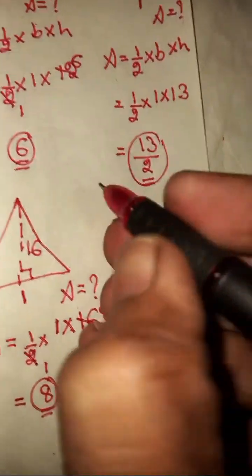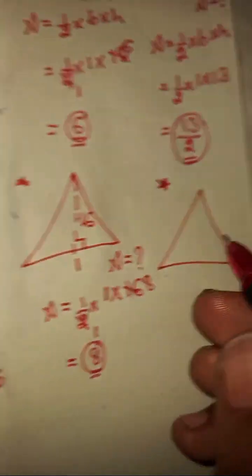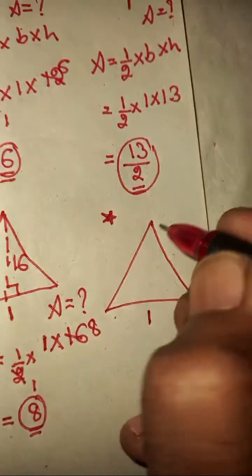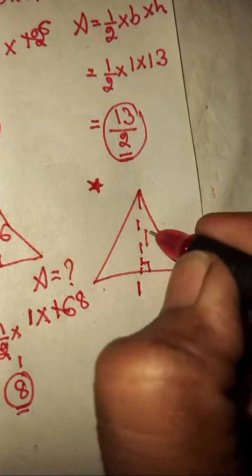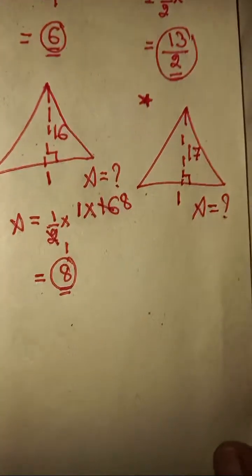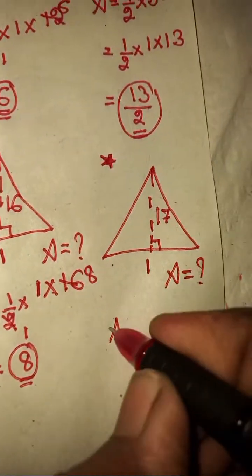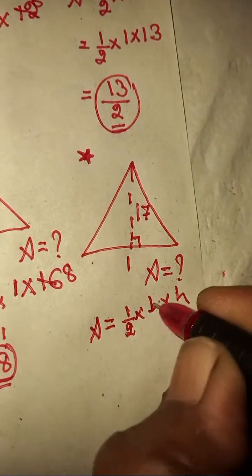Let's take another triangle. In this triangle they have given that the base length is 1 unit and the perpendicular height is 17 units. Now also you need to find out the area. The area of this triangle is half times base times perpendicular height.